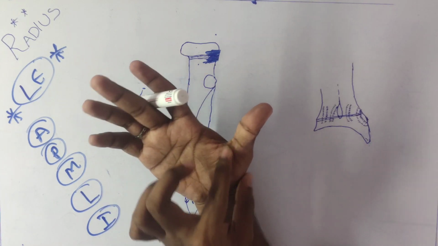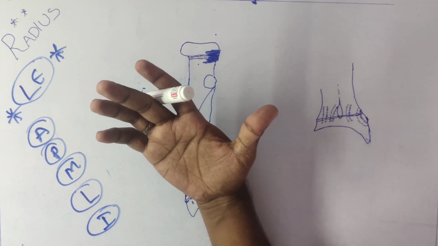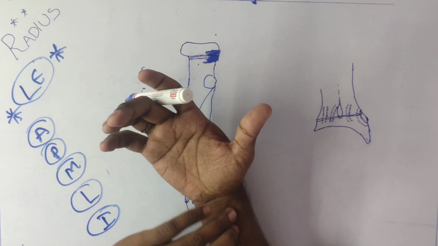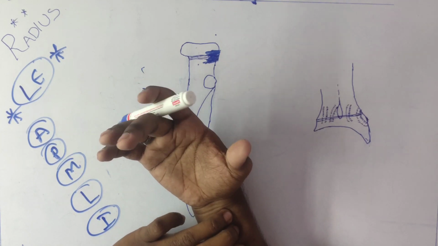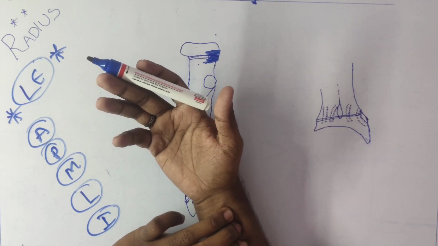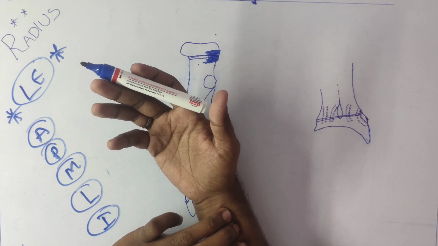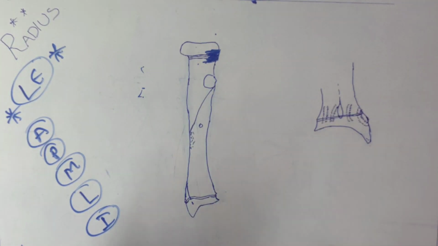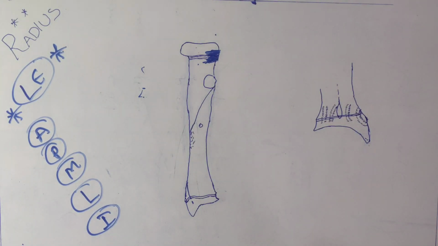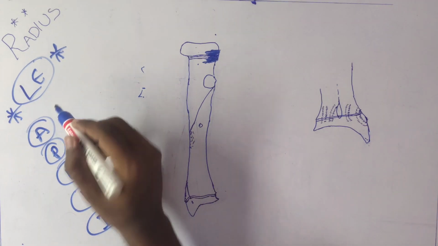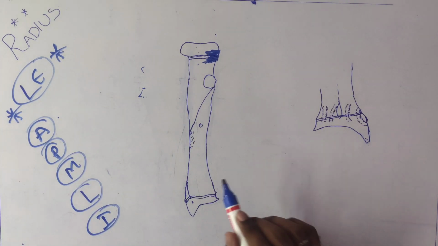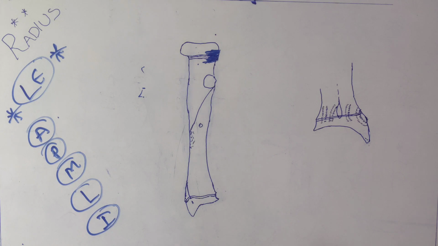Here it is the radius bone, and this is the thumb, and here we can palpate the radial artery because it is placed superficially. Only two points regarding the anterior surface: the prominent ridge and the radial artery which is palpated. Now the anterior surface is completed.